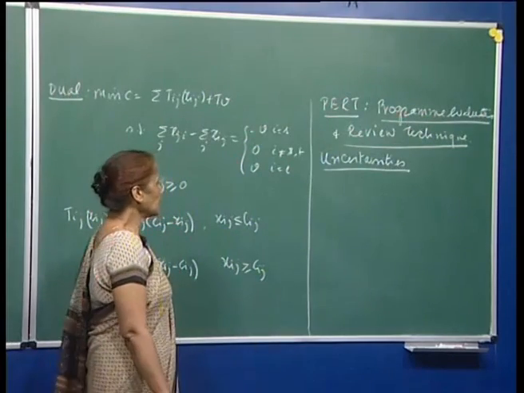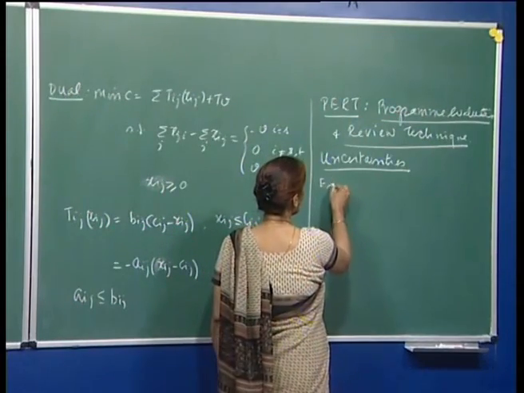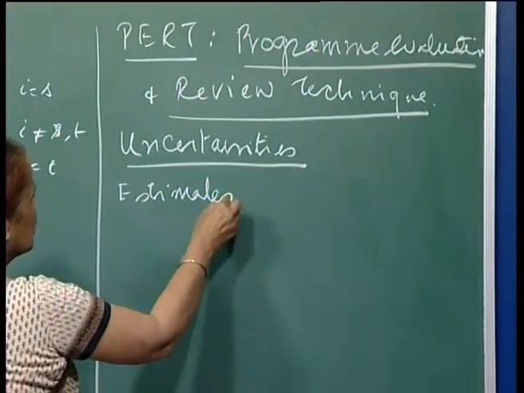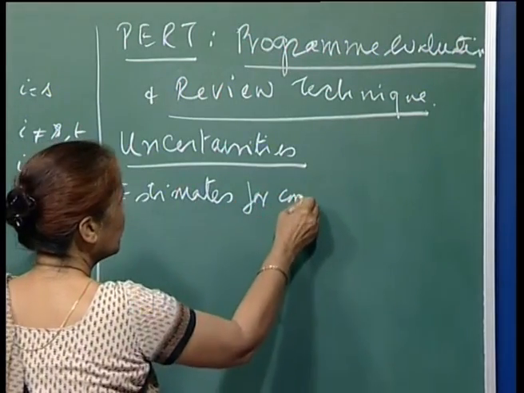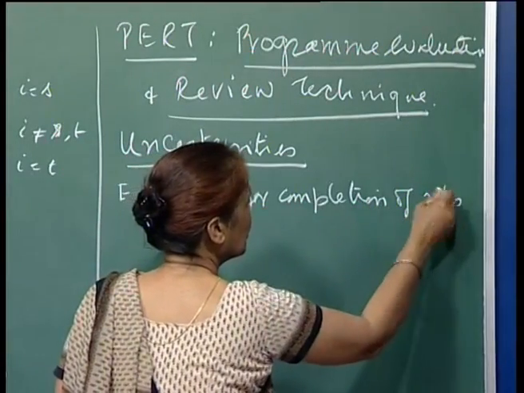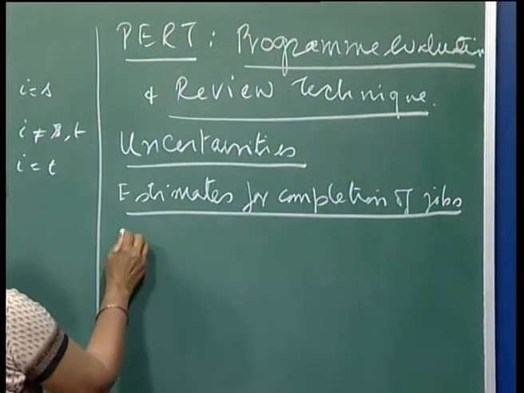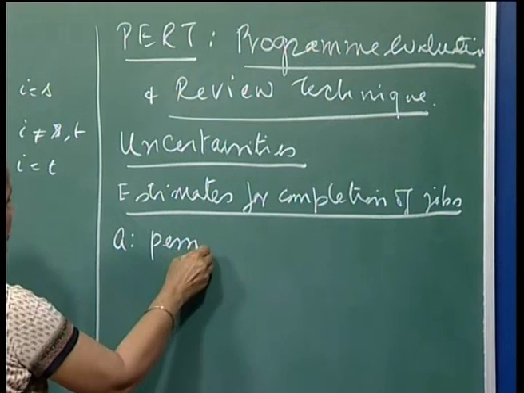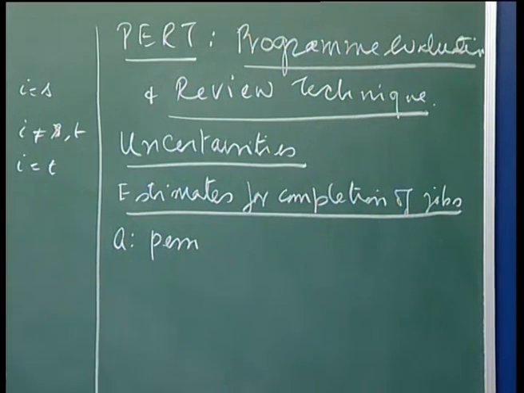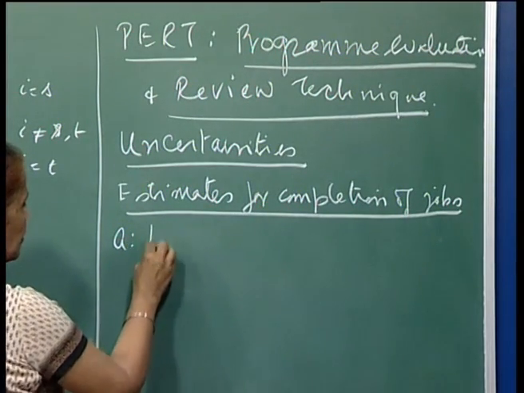Here the idea is that you may ask for estimates for the completion time of jobs. We define A as the optimistic time, because A is the shortest duration. You will say that the person is very optimistic that everything will go as planned.